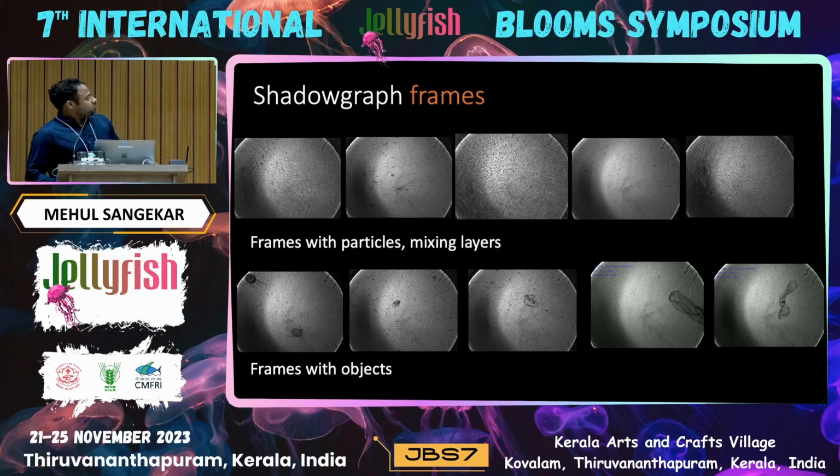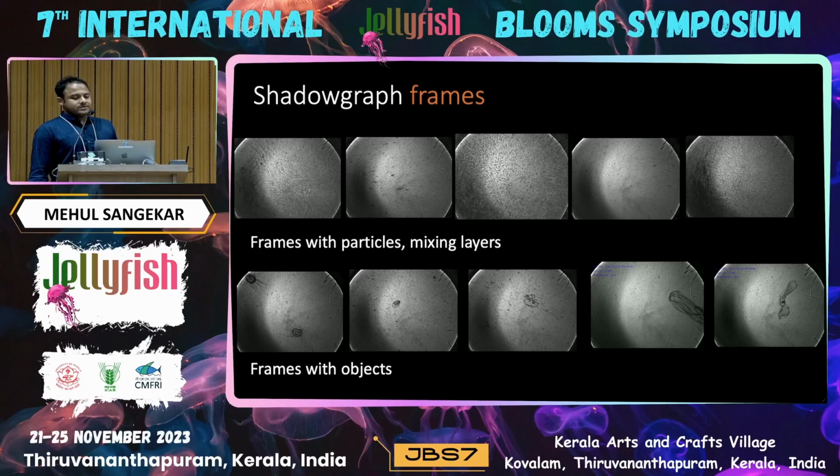We saw some very interesting things with the shadowgraph. Of course, we can see large objects, including jellyfish and other plankton. But we could also see particle plumes: dense particle layers, layers with no particles, and mixing layers where there's a density change.